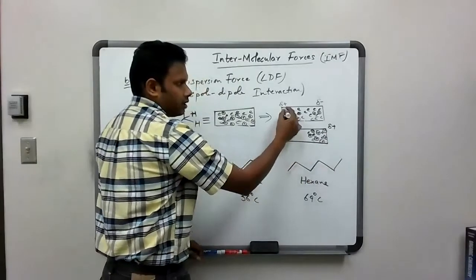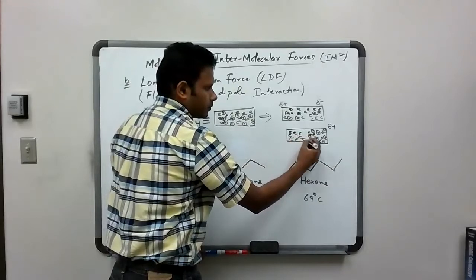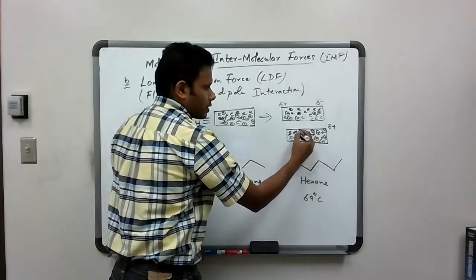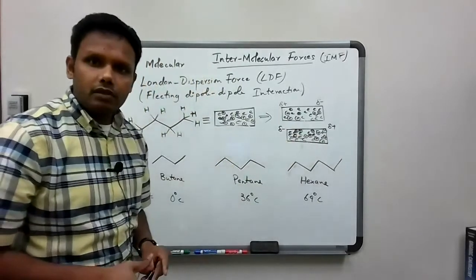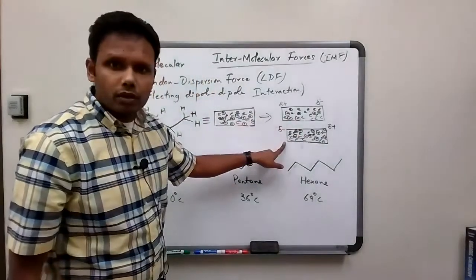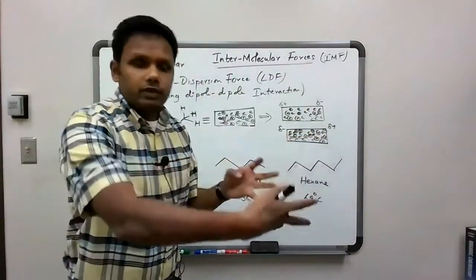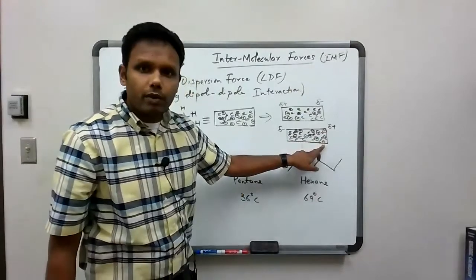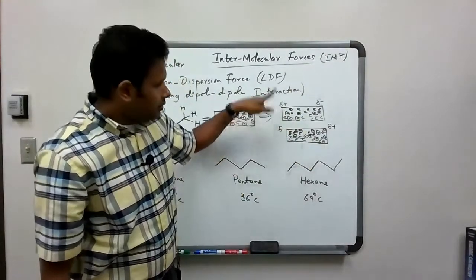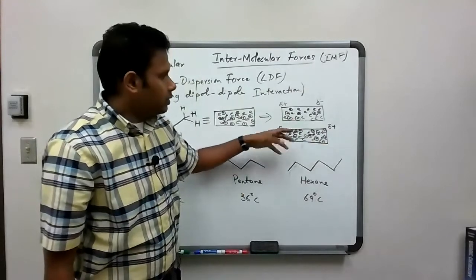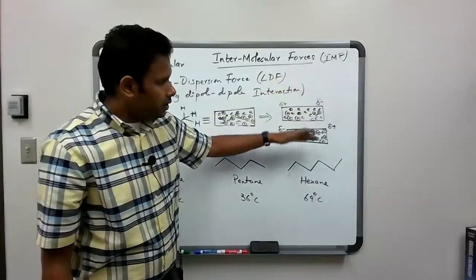And the end closer to the del negative will become del negative in the other molecule. So we have a del negative next to it. It influences that electron distribution to make it del positive, and the del positive end thus becomes del negative. So now one molecule influenced another molecule.